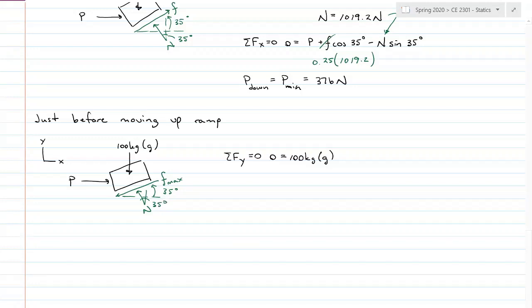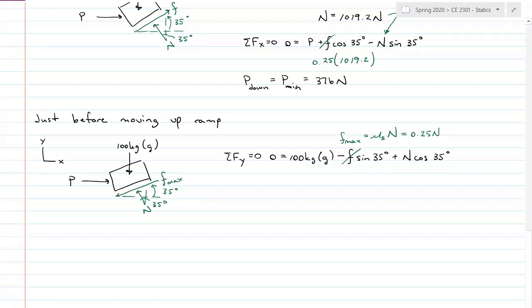So we are going to be minus my friction force, sine of 35 degrees, and then plus my normal force, cosine of 35 degrees, and my friction force is still that maximum, friction max, which is equal to mu s N, where that is 0.25 normal force.